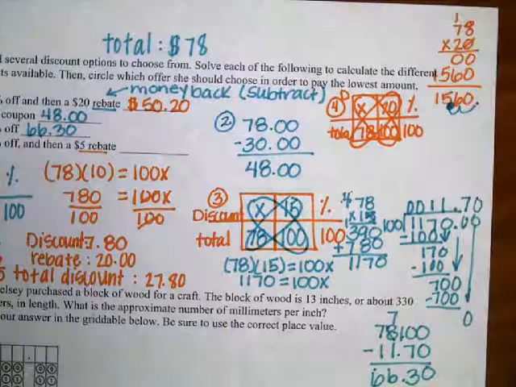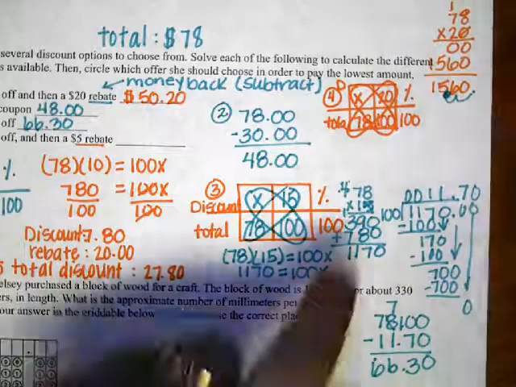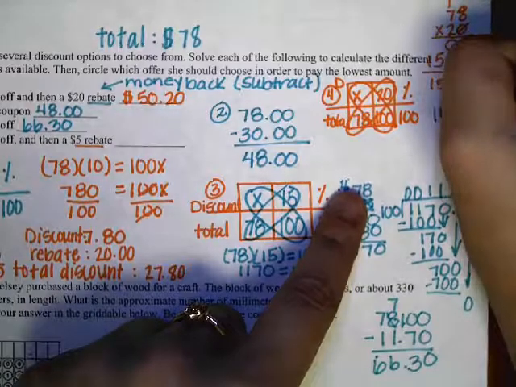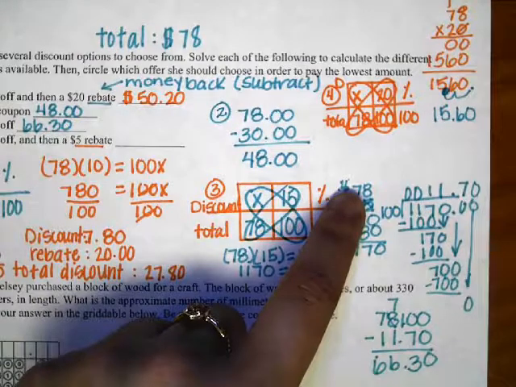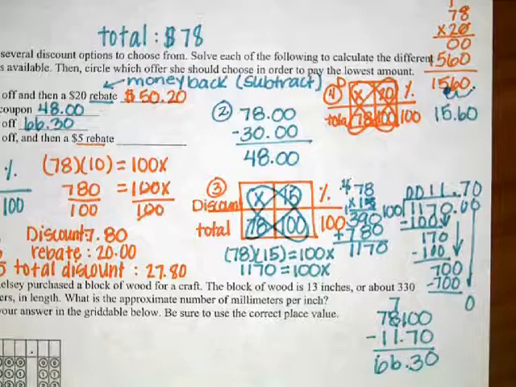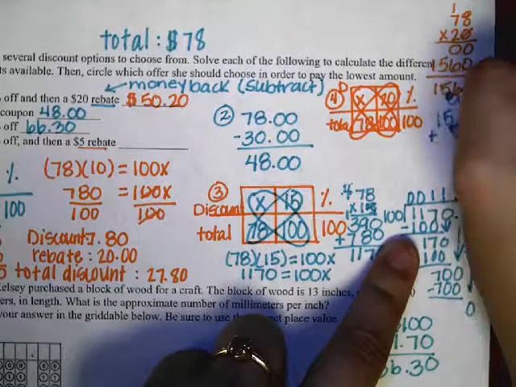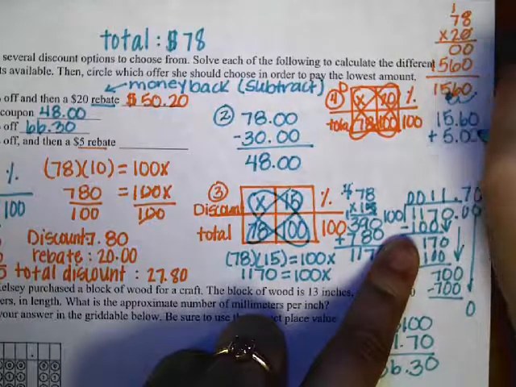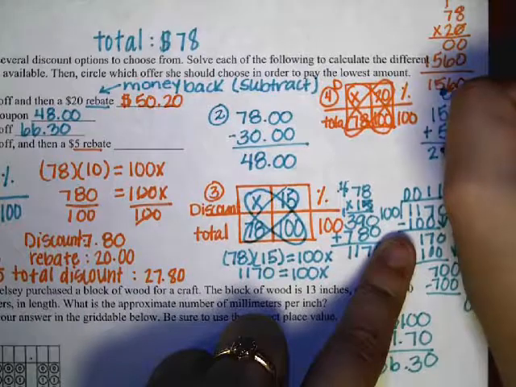So then 20% of $78 is $15.60. Okay, so she gets $15.60 off plus that $5 rebate. So she gets a total of $20.60 off.